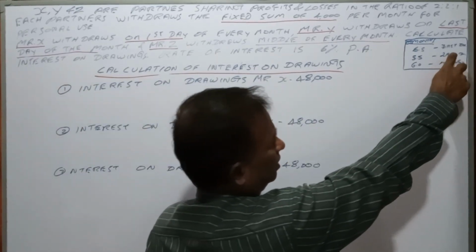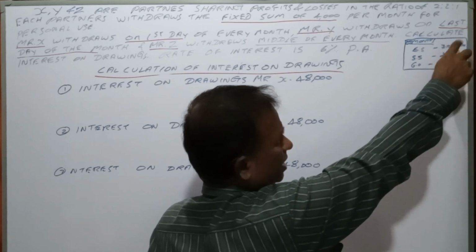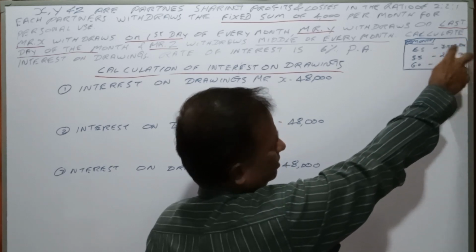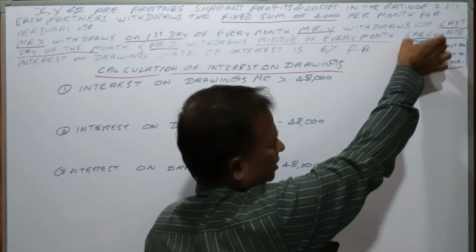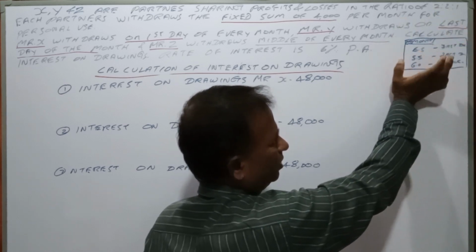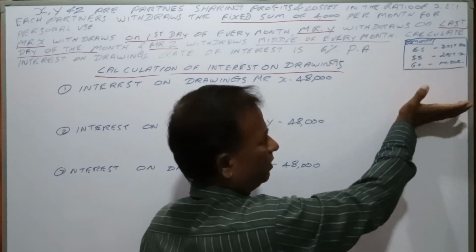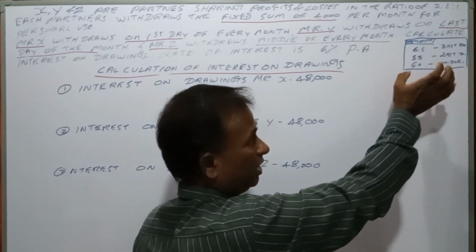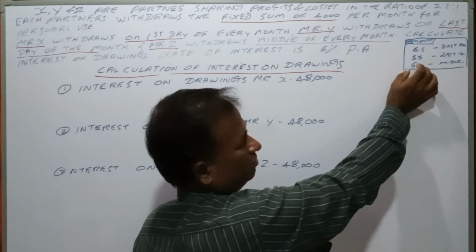If the drawings take place on the first day of every month, it is 6.5 months; at the last day of every month, it is 5.5 months; and in the middle of every month, it is 6 months.